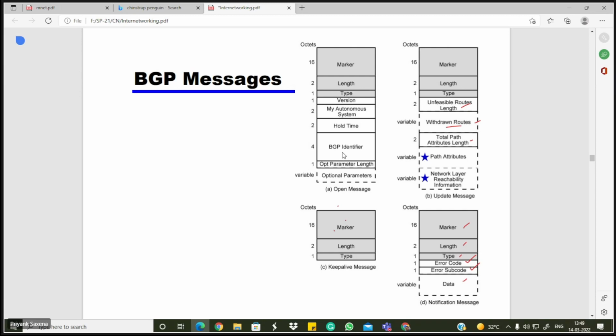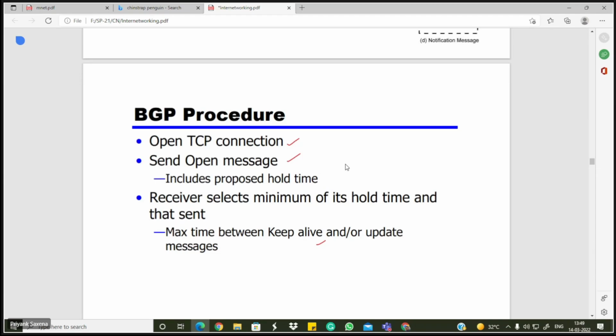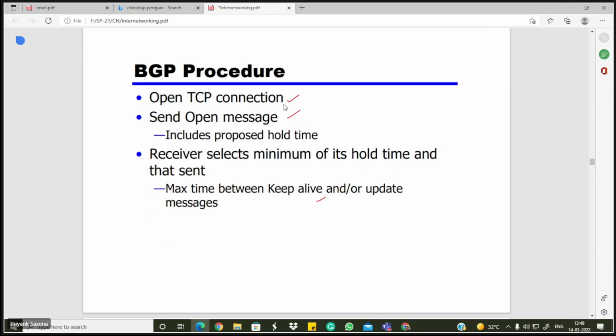So BGP identifier, optional parameters, right? So you can see the BGP procedure: they open a TCP connection, send open messages, including the proposed hold time, the receiver selects the minimum of its hold time and that sent, which is the maximum time between keep alive and update messages, right?